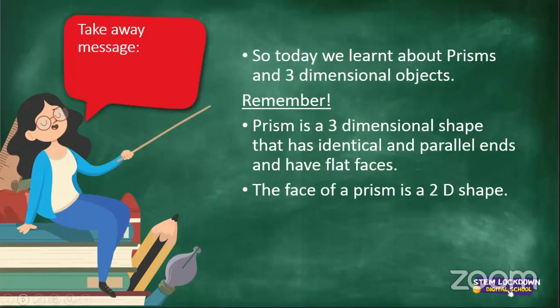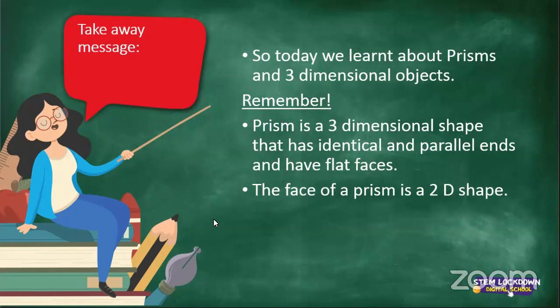Before I take you to your homework page, this is what I want you to remember. Today you learned about prisms and 3-dimensional objects. What is it that you must remember about these prisms?